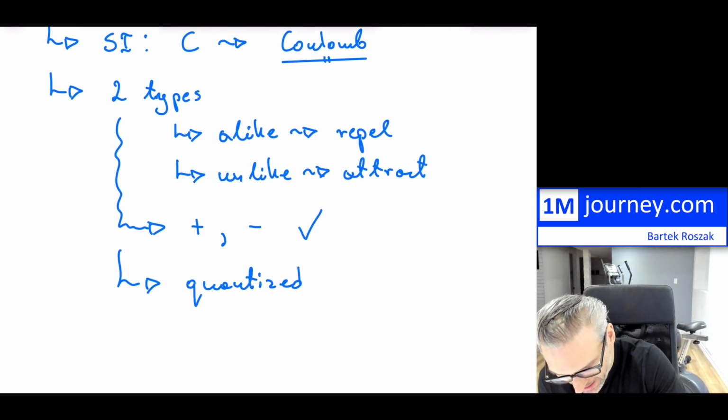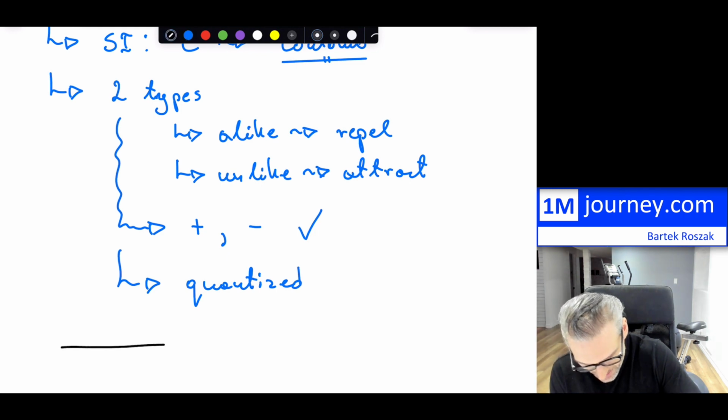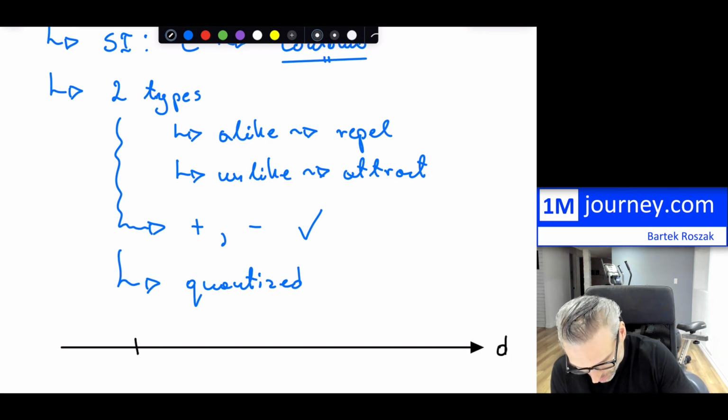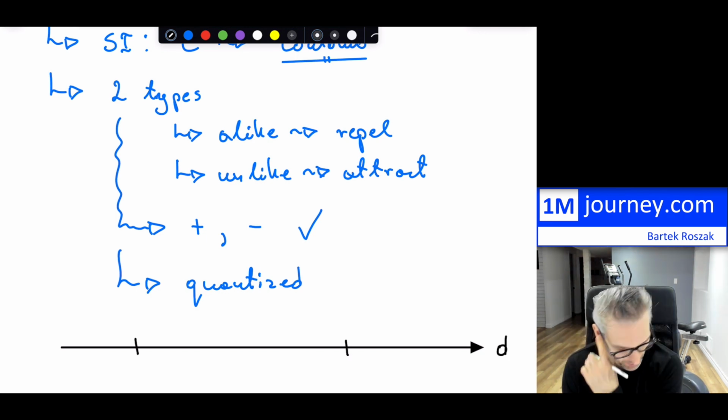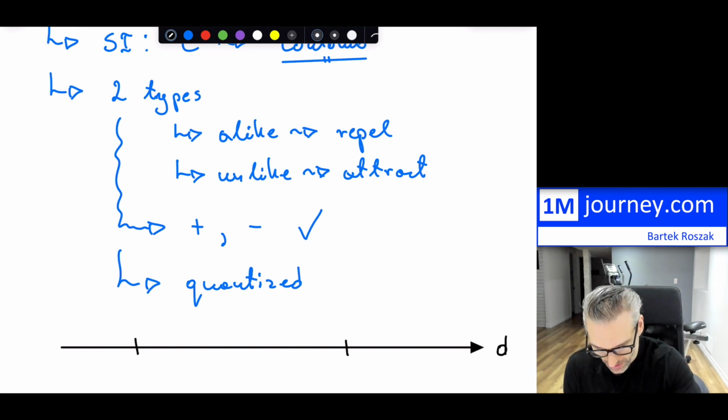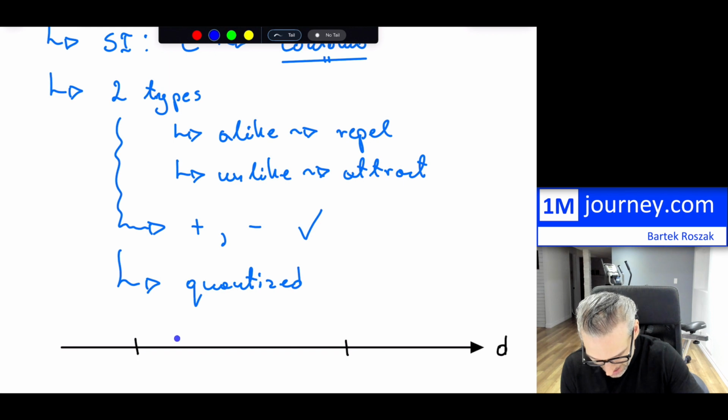If you would take a number line for distance, and I told you, all right, this is distance, you can mark one point and then you can mark another point. But you know that there also is a distance that exists anywhere between here, right? So if from here to here is a distance, well, from here to here is also a distance.